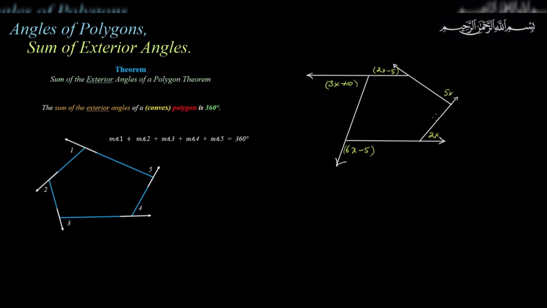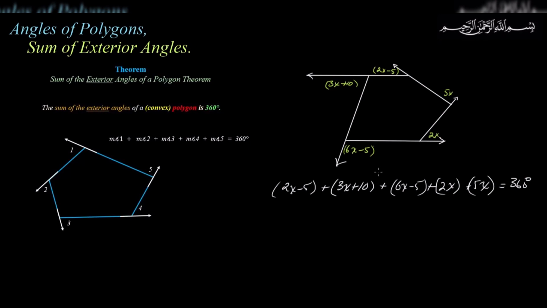That's easy enough because these are all exterior angles, and we know that they all add up to 360 degrees. So we just add them up: 2x minus 5 plus 3x plus 10 plus 6x minus 5 plus 2x plus 5x must add up to 360 degrees, because the sum of all the exterior angles at all times is 360 degrees.